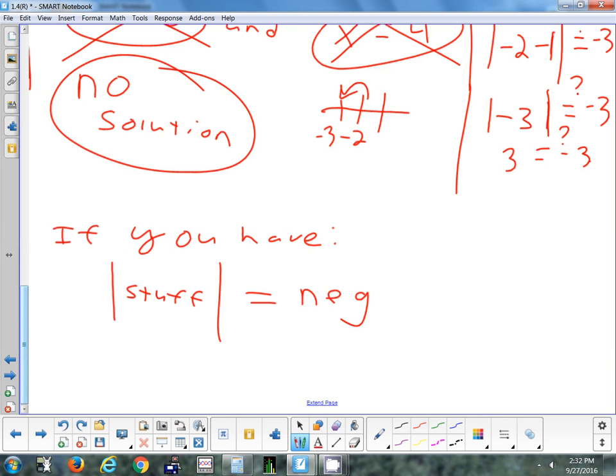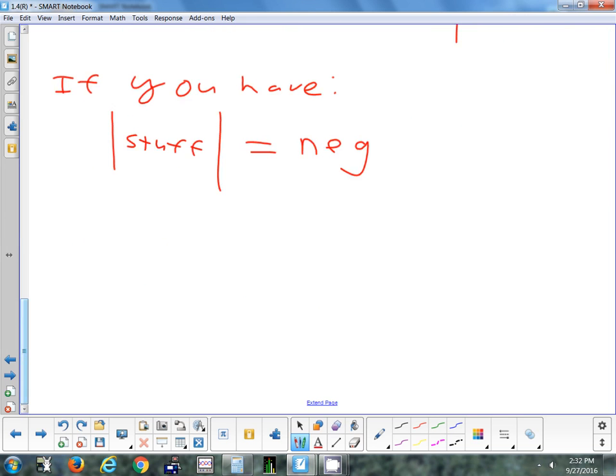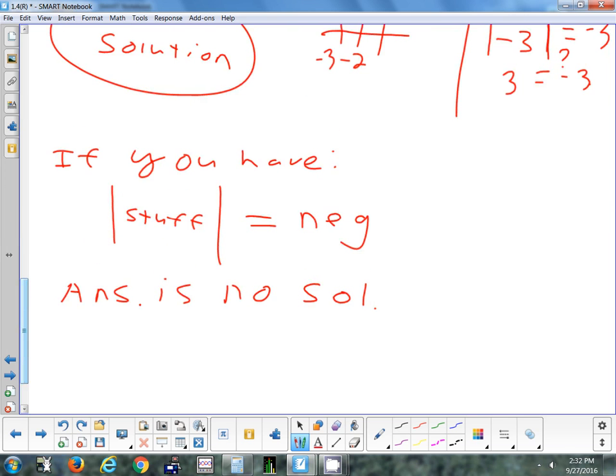Anytime you've got something like this, absolute value of stuff equals negative, no solution. So basically, if the absolute value equals a negative, there's no solution. Okay, any question on that?